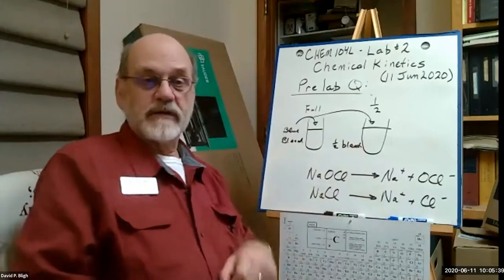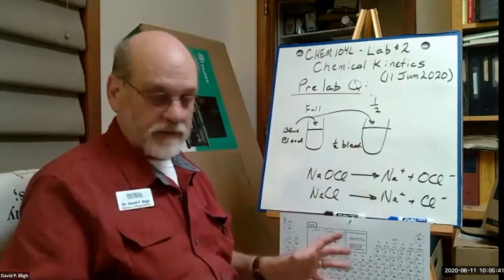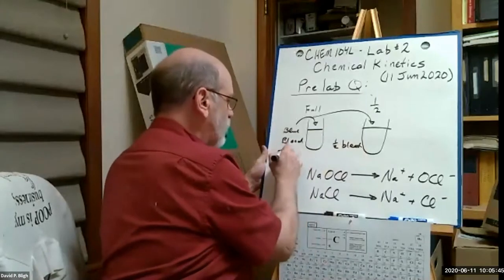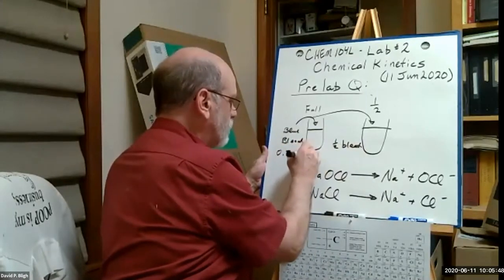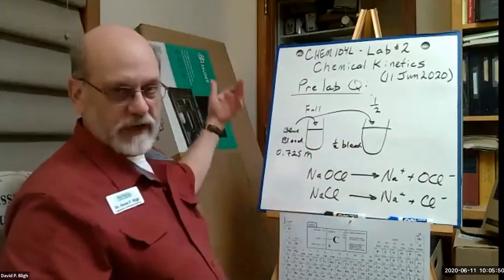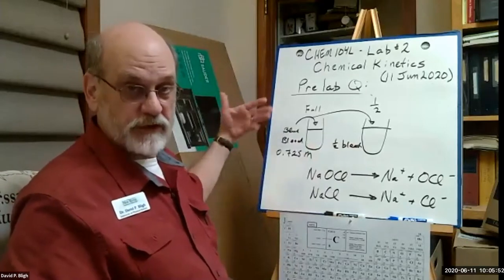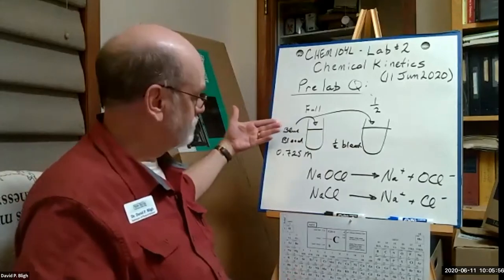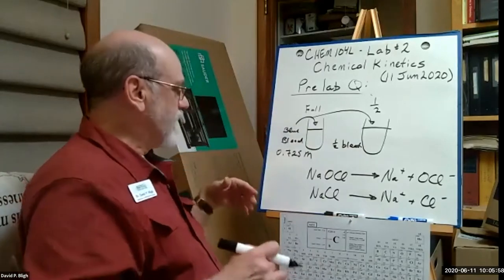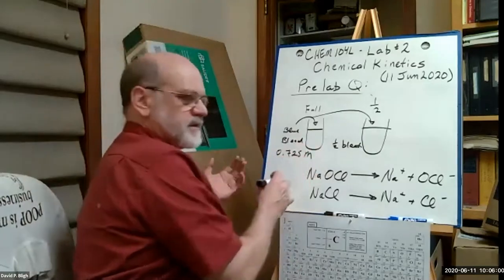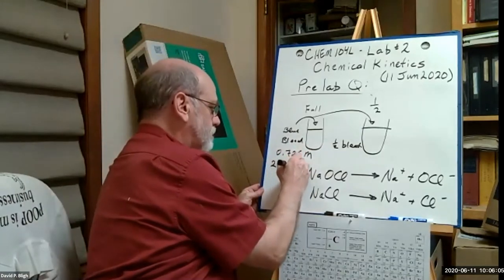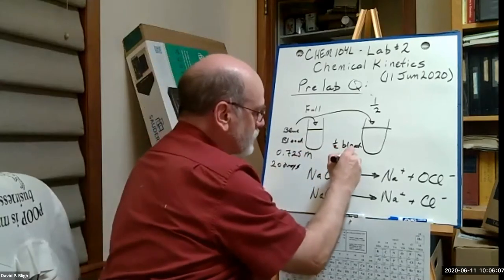Right? So how do you know that you've got the right strength? Well, if we know that the concentration of bleach here is 0.725 molar, and we put so many drops in that you're going to determine as the first stage of the experiment itself, then say you put, let's make something up, say you put 20 drops. Over here, you'll put 10 drops.